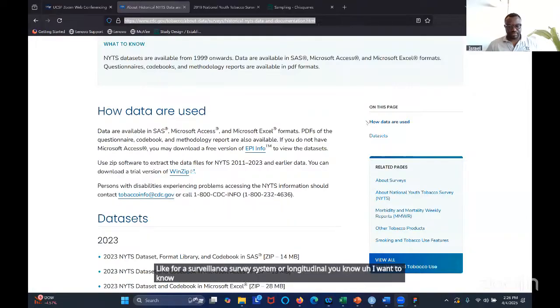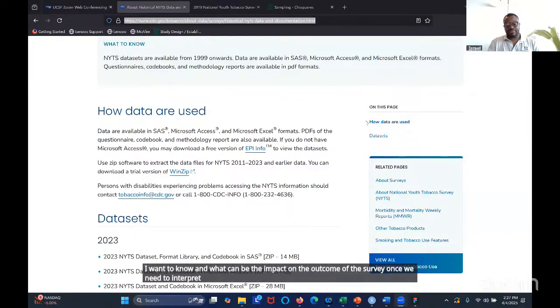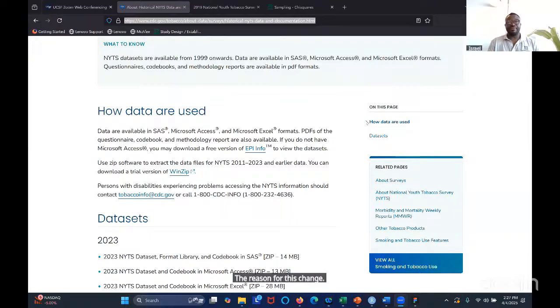Is there something that can make the assessor change the framing of the survey from the time one survey to the time two survey? And what can be the impact on the outcome of the survey once we need to interpret the results for time two or time three according to the frame? Can we change the framing from time one to time two? And if so, what can be the reason for this change? I want to know this, Prof.